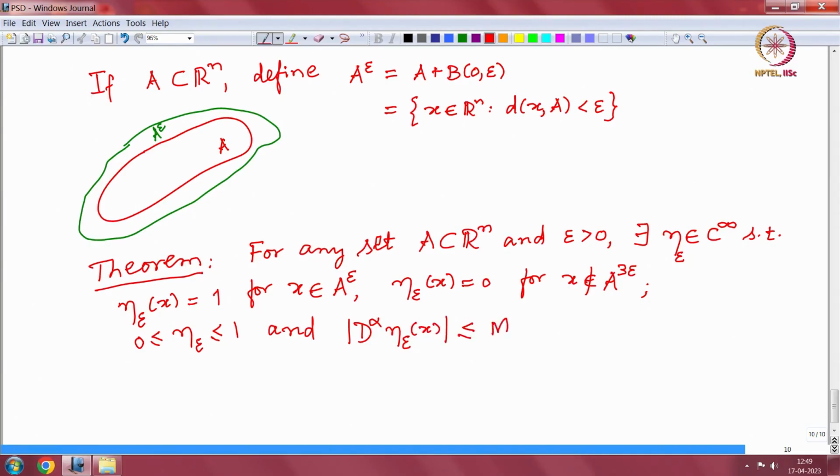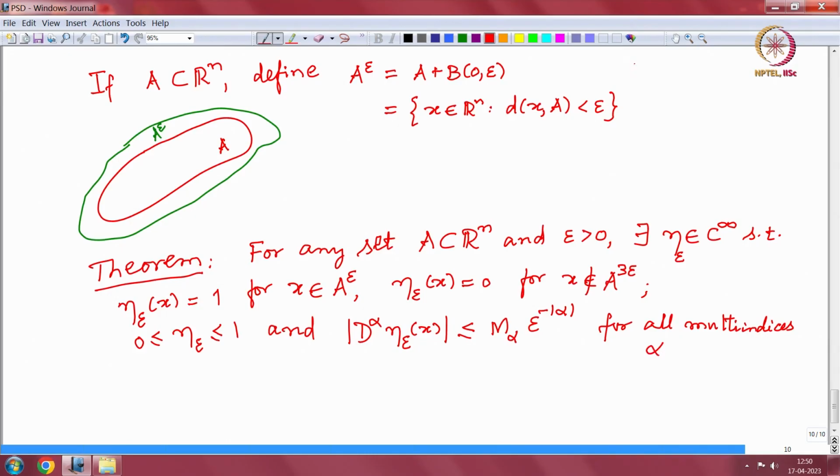M alpha for all multi indices. Okay, so let me just quickly recall this multi index notation.